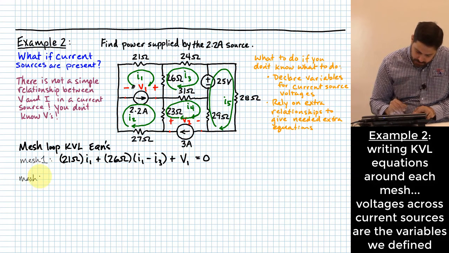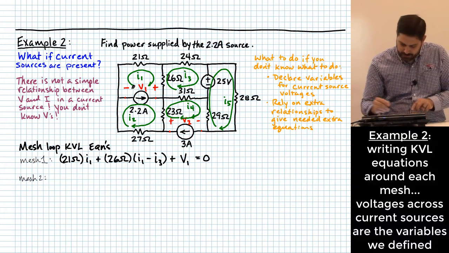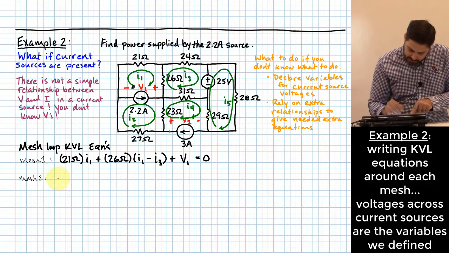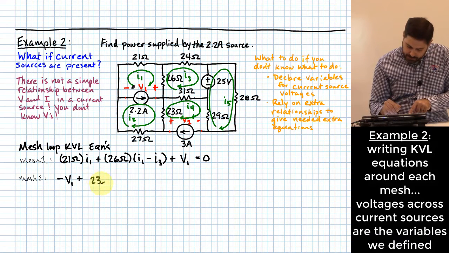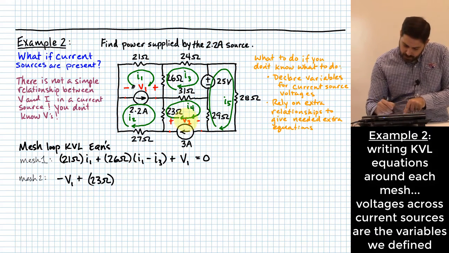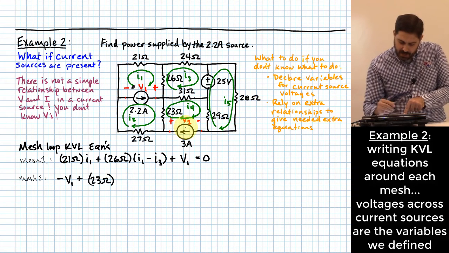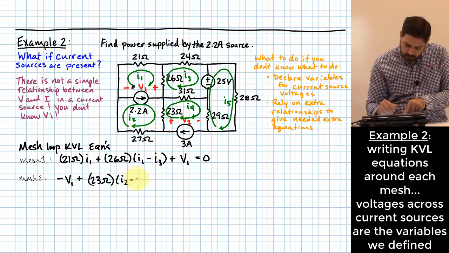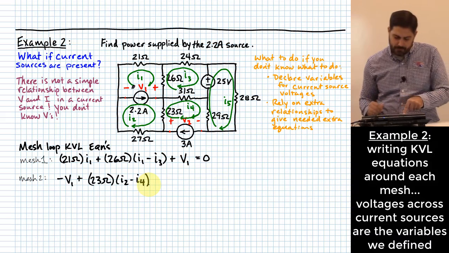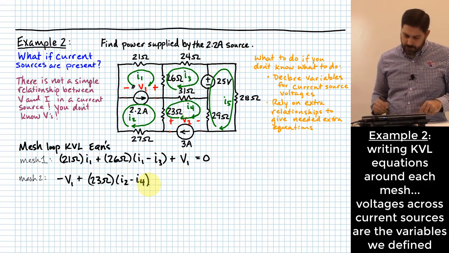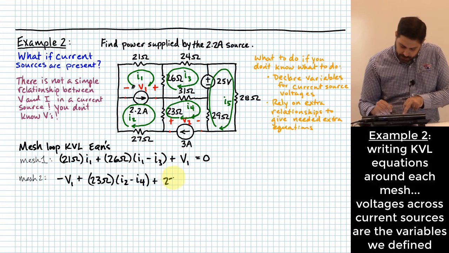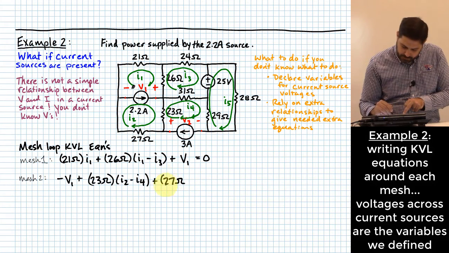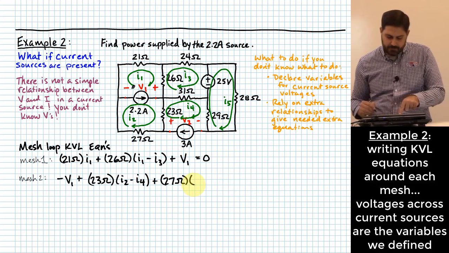Mesh 2. There, I'm going to have minus V1, plus 23 ohms times I2 minus I4. Plus 27 ohms times what?